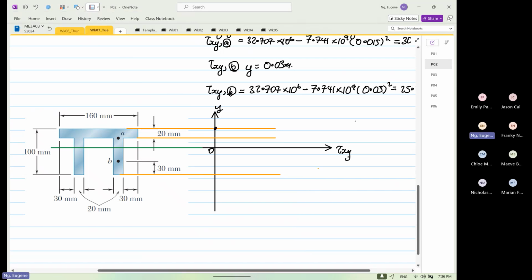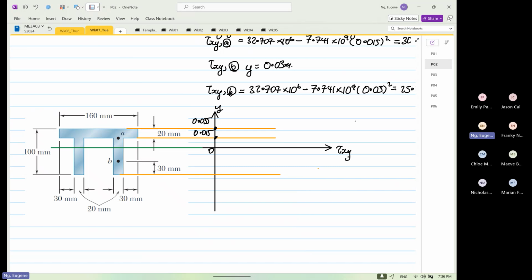We know over here this is 0.035, over here this is 0.015, over here this is minus 0.065. So this is how it will look.